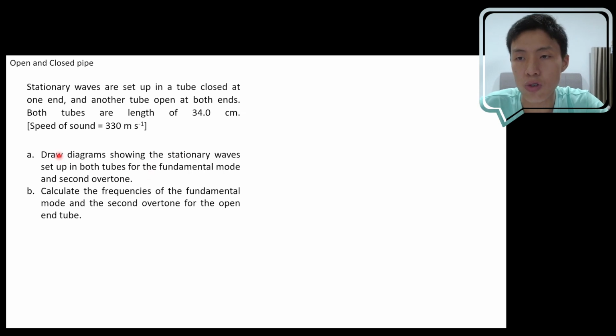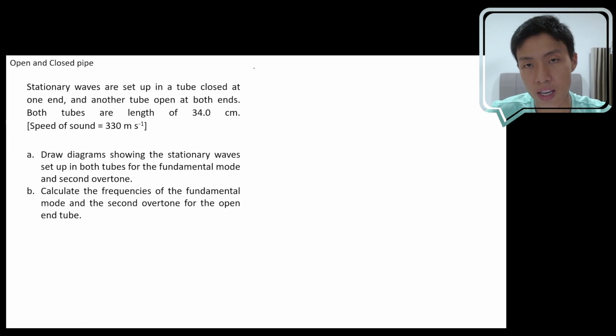Okay, so draw diagrams showing the stationary wave set up in both tubes for the fundamental mode and also the second overtone. So there are two stationary waves that we need to sketch for each tube. So there are 4 diagrams that we need to sketch actually. So let's label everything clearly so we don't miss out any diagram.